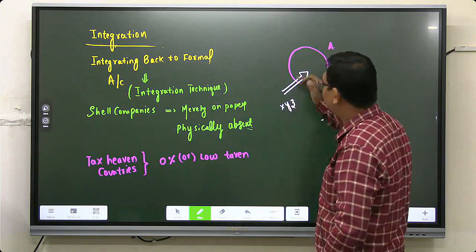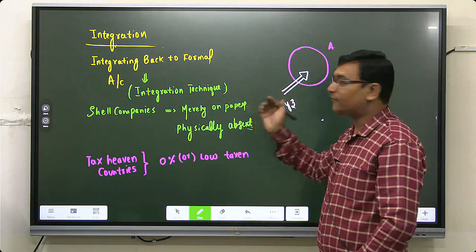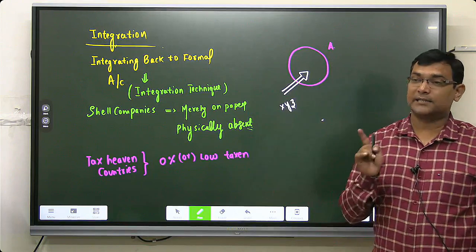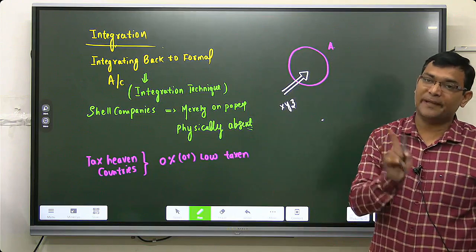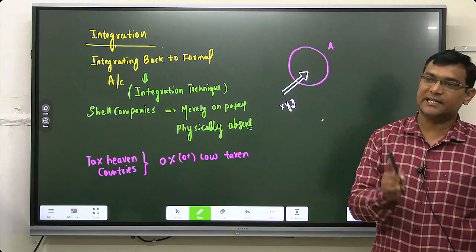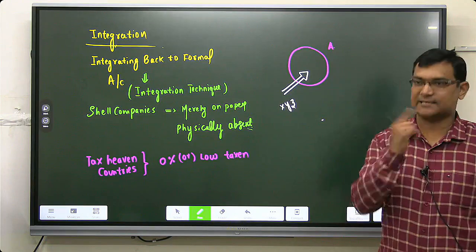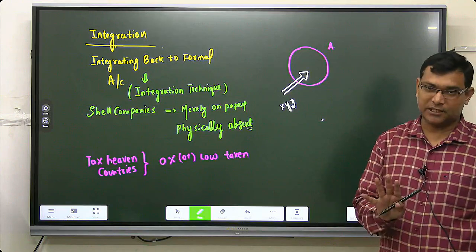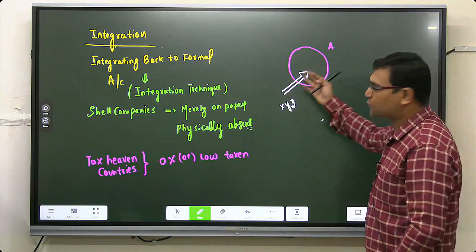Whenever the company gains profit, a certain percentage of the profit has to be paid as tax. In India, it is called corporate income tax. Is it clear? So every company has to pay.